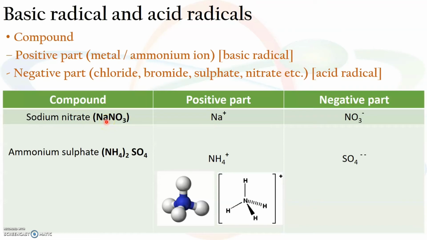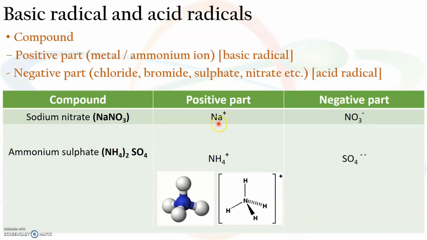Now we are going to find out which is basic radical and which is acid radical from this compound. So we have learned that the positive part of a compound can either be a metal or it can be ammonium ion. So when we look into this compound, we see that there is a metal here, that is sodium. So that is the positive part.